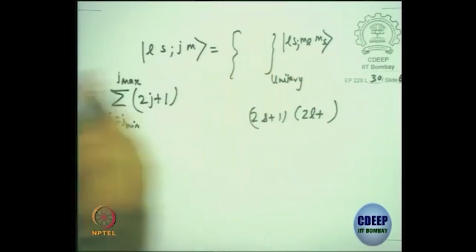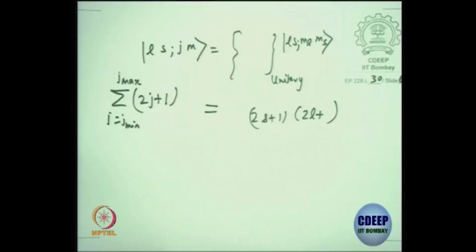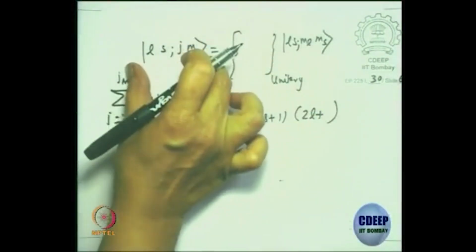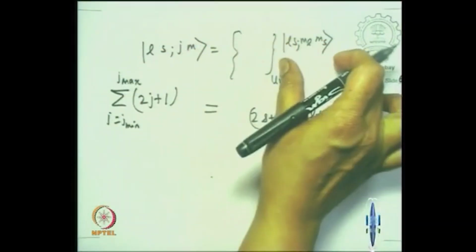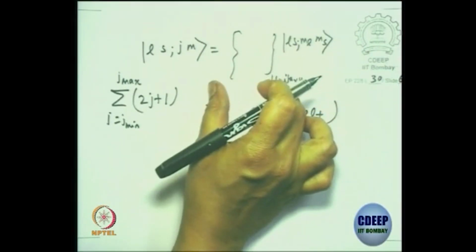If they are equivalent bases, this sum should add up to the dimensionality of the vector space, it has to be matched, and J has to be either integers or half odd integers. It goes always in steps of 1. Okay. So these are the restrictions which we have, and there is a matrix which relates the same dimensionality basis to the same dimensionality equivalent basis related by this matrix.